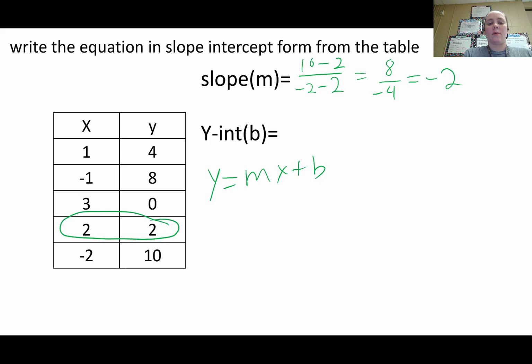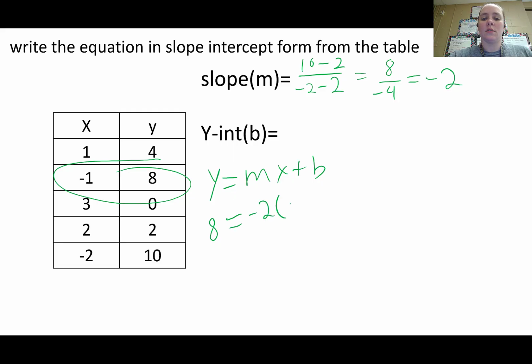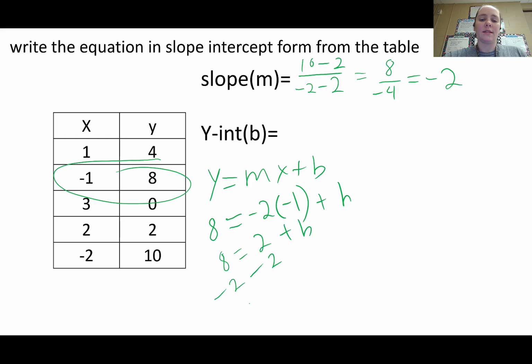Actually, let's do this one here. All right, so I'm going to get 8 is equal to negative 2 times negative 1 plus b. Negative 2 times negative 1 is a positive 2. Subtract 2 from both sides, and I get 6 is equal to b.